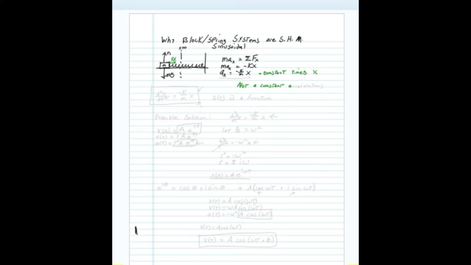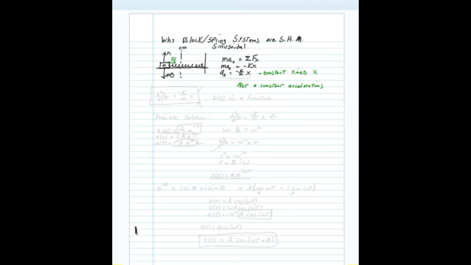So we can't use our typical equations of kinematics for constant acceleration to describe this. This is going to be some sort of differential equation that we're going to have to solve in order to figure out what is the position function that describes this scenario.